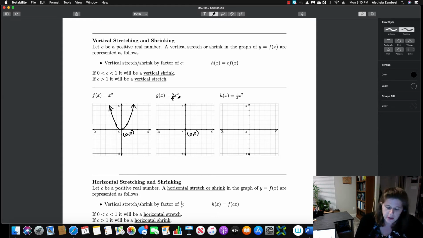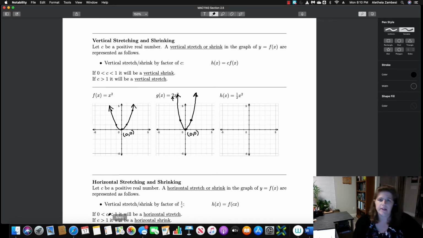In the new function, if I plug in 1, I square 1, I get 1, but then I have to multiply it by 2. So I get 2 instead. So this function at this point is twice as tall. Same thing, reflects over my y-axis, twice as tall as it was before. Now if I plug in 2, 2 squared is 4 times 2 gives me 8. I'm already off of this graph at 2. So this thing is much higher, much narrower than the original.